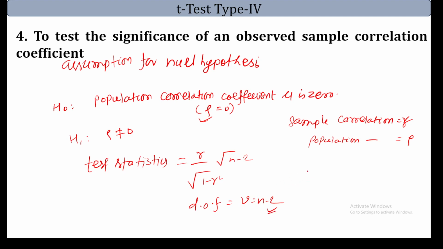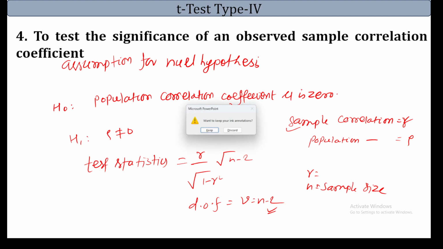R is the sample correlation coefficient, and n is the sample size. Then again the doubt will come why we have taken n minus 2. It's a special case that we are going for with the correlation coefficient instead of the difference of means or anything. So this is all about it.